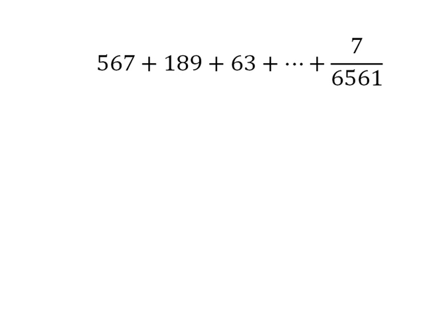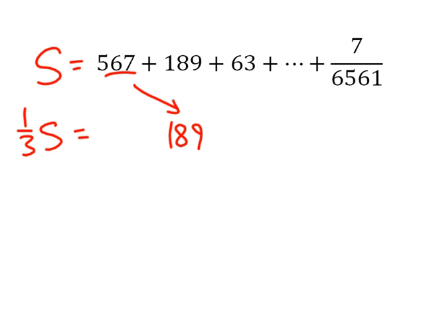For calculating the sum, I'm going to say that all these numbers add up to some number s. And as long as I know what my common ratio is, my common ratio in this case was 1/3, I can proceed to say that 1/3 s equals 567 times 1/3. Well, that's what gives me the 189. 189 times 1/3, that's what gives me the 63, and so on.